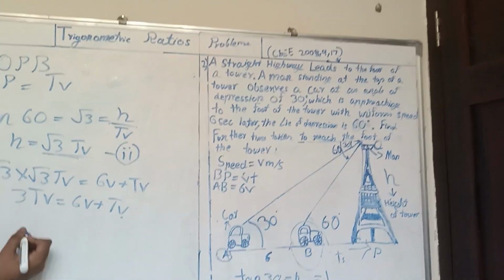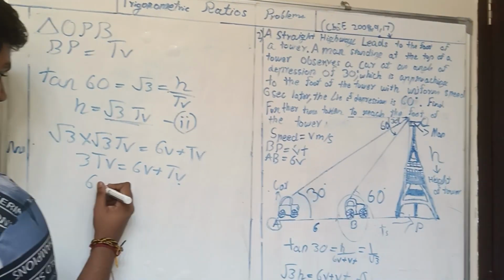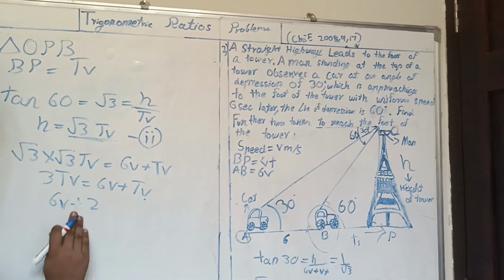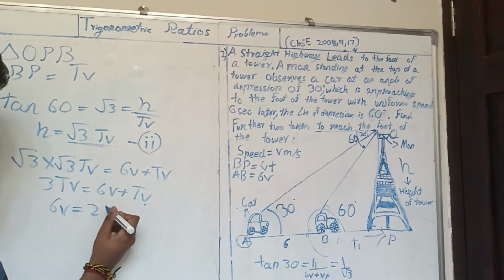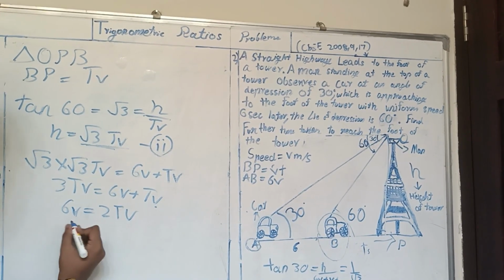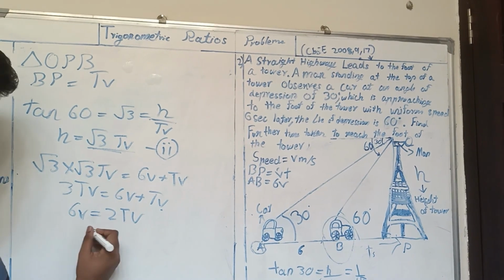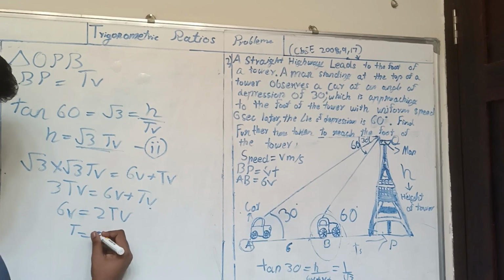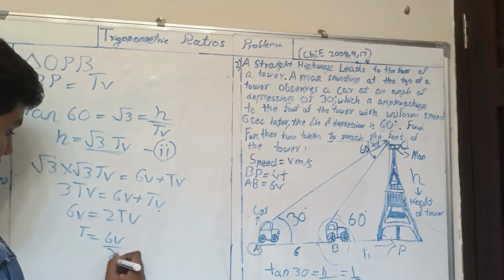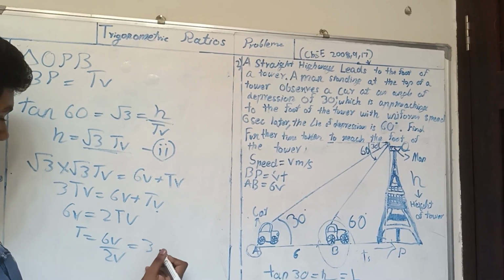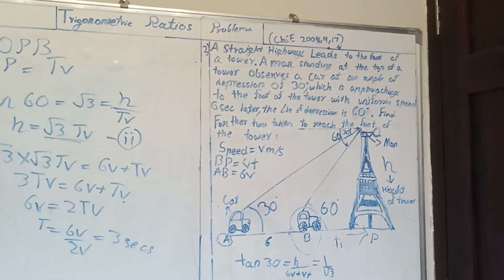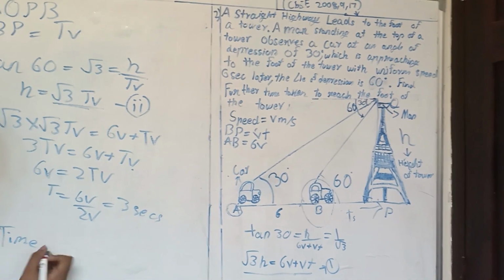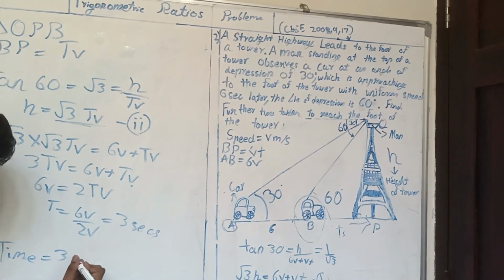Now if you put this on this side, you will get 2Vt equal to 6V. Now if you divide them, your t is equal to 6V by 2V, which will be 3 seconds. Hence the time taken will be 3 seconds.